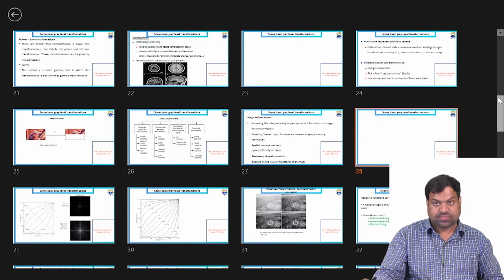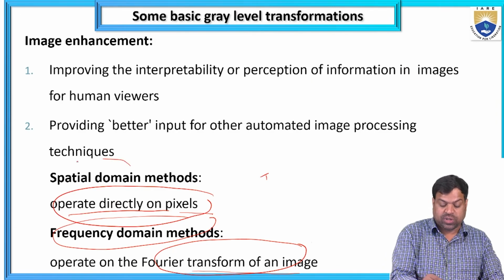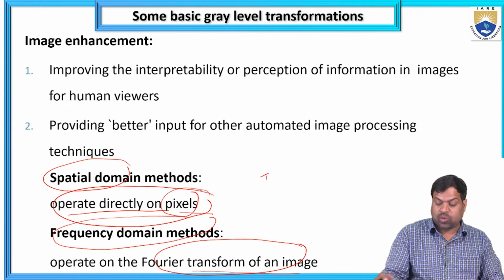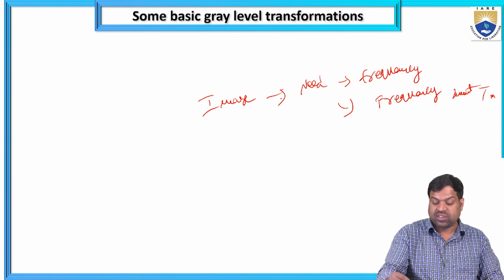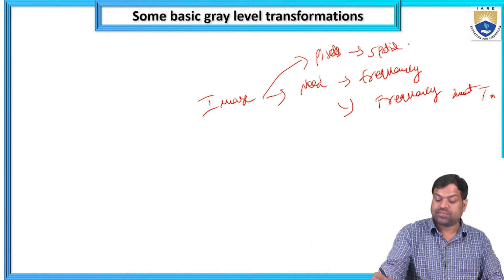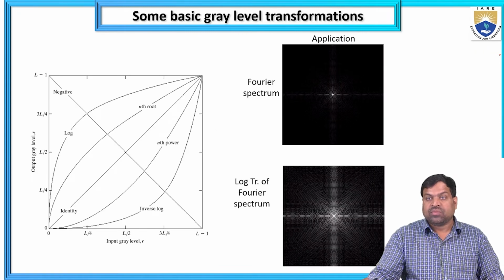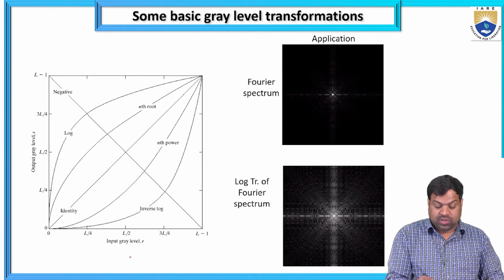Suppose I need the spatial domain, that is operating directly on pixels. Okay, that image with pixels is the spatial domain. Okay, it is one example.